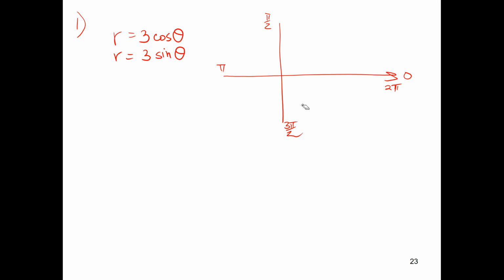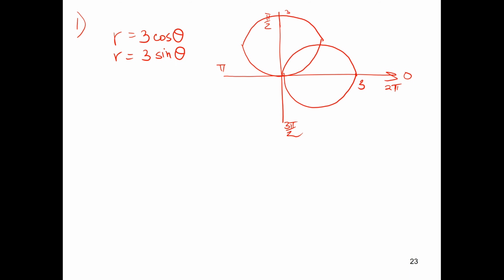We know that r = cos θ and r = sin θ are circles. Cosine will take place in the first and fourth quadrant. I will draw a circle, and this is of course 3. Sine is positive in the first and second quadrant, so that circle is placed there. They are the same size, and this is 3.